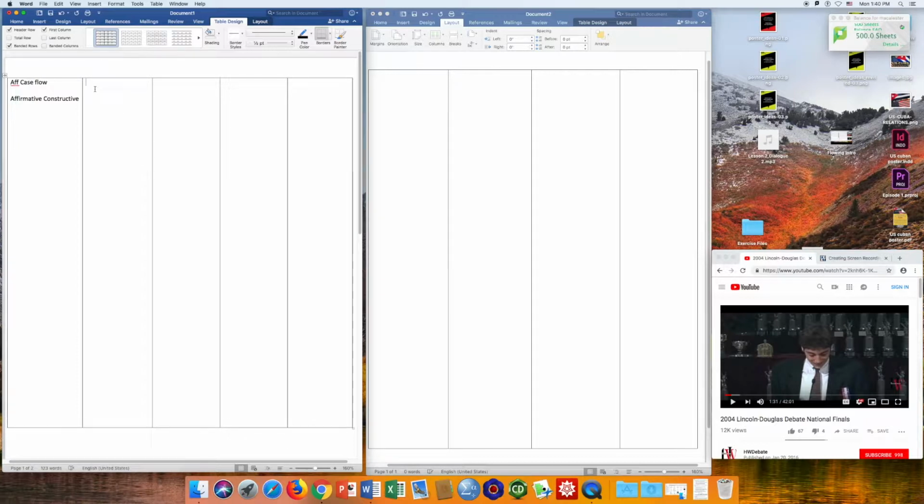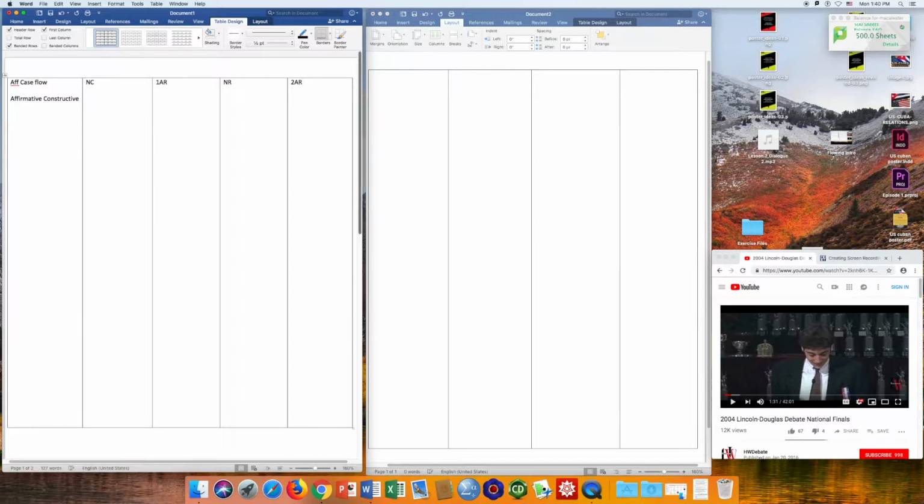So after the affirmative constructive, the negative responds to the affirmative case. And then there's an affirmative rebuttal where they respond to what the negative said about their case, but it's still talking about their case. The negative responds, and then the affirmative gets the last word.